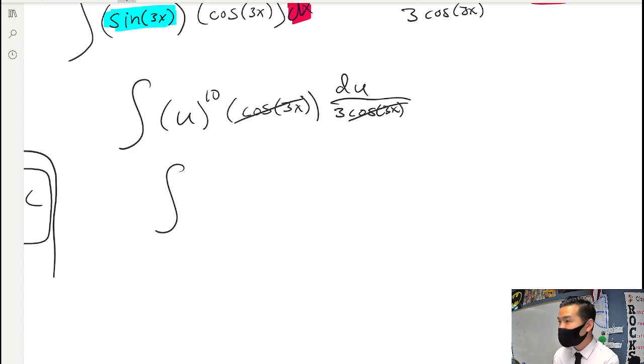If you don't like it, and because it's annoying, write it in front. Oh, you can do that? Well, I can't take the du out. I can take the 3 out. Close. Du over 3. Yeah, there you go. I just put the derivative as that. Isn't that the same thing? Yeah? So the derivative is just 1/3?